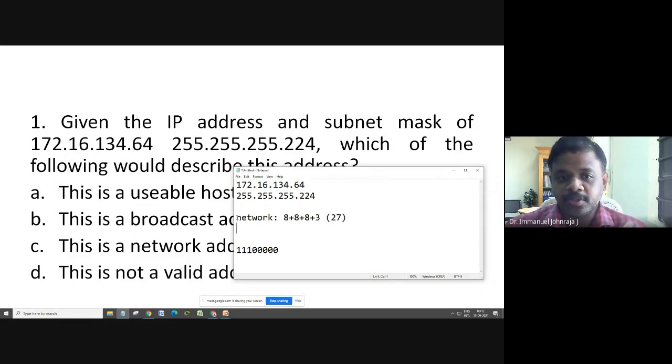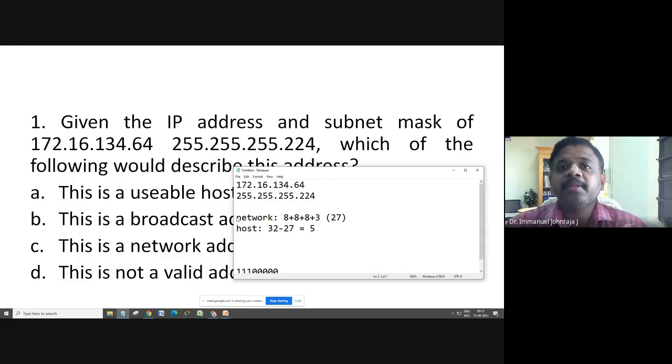How many are supposed to be the host portion? It's going to be 32 minus 27, which is equal to 5 bits. So only 5 bits are available with the host.